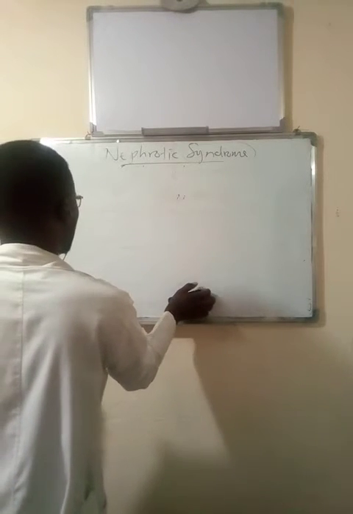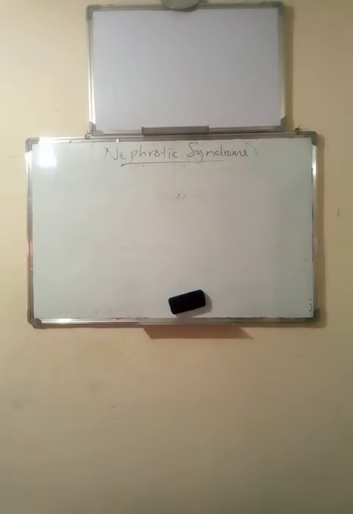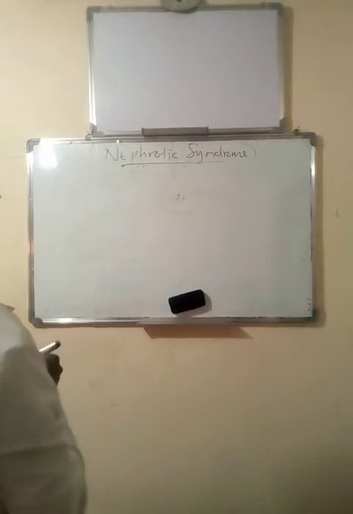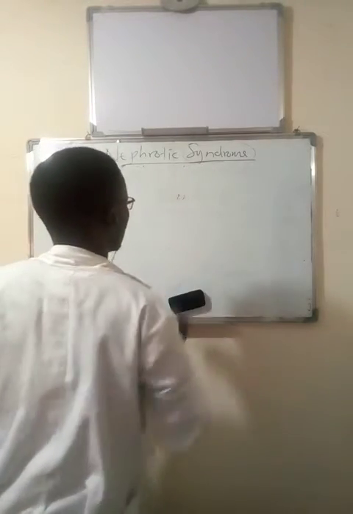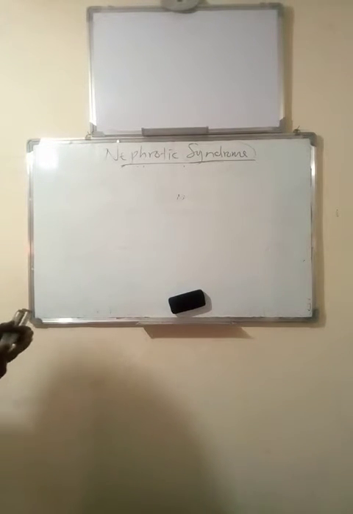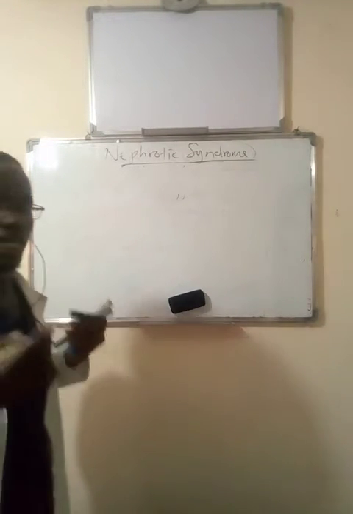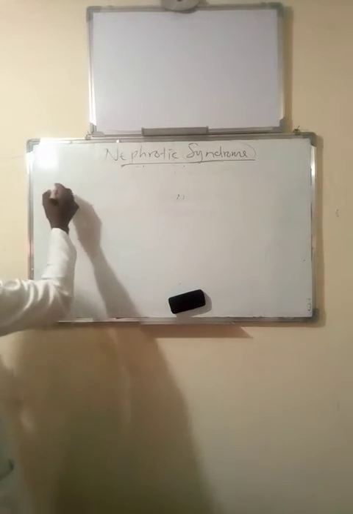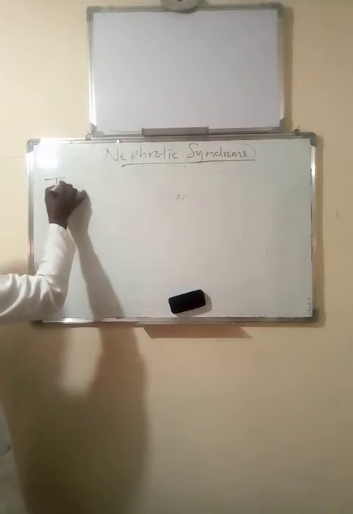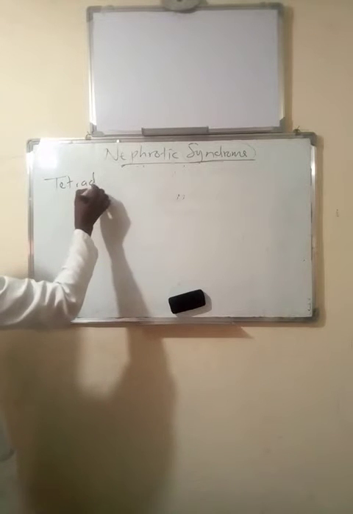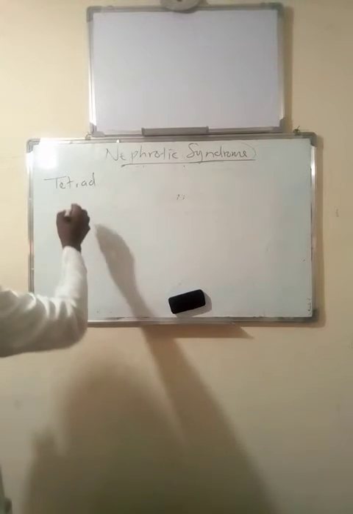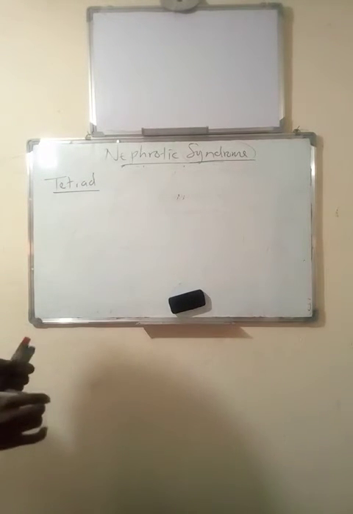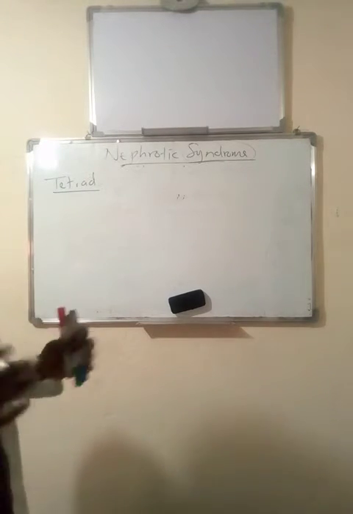All right. So let's look at the definition of nephrotic syndrome. Like we have already mentioned, it is a clinical syndrome that is characterized by what is called a tetrad. In other words, there are four classic signs and symptoms that are almost always there.